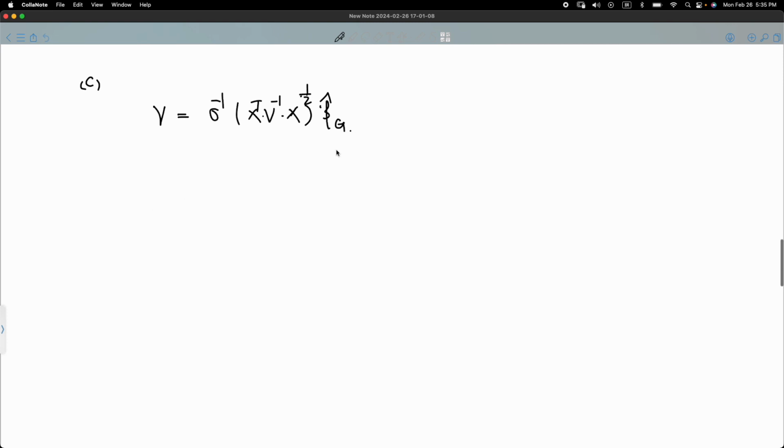Okay, so here, maybe let me just write down the solution. This V here is going to follow a normal distribution with a non-centered mean. So the mean should be X multiplied by V inverse X inverse, and then one copy of that, and then the true beta vector.